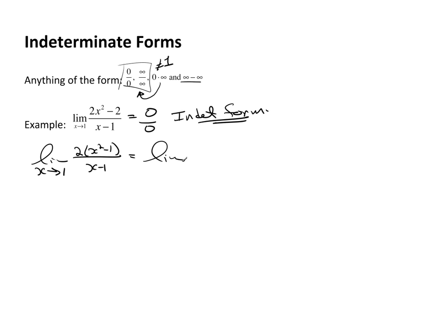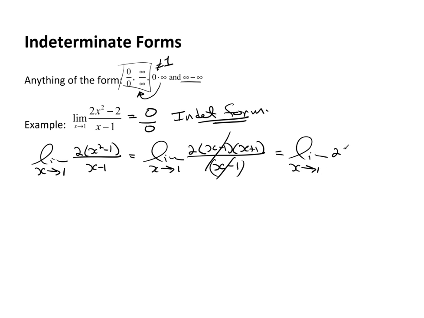That equals the limit as x goes to 1 of 2 times, factoring the x squared minus 1, x minus 1 times x plus 1, divided by x minus 1. These cancel out, and I end up with the limit as x goes to 1 of 2 times x plus 1, which equals 2 times 2, which is 4. So I would say that this is the limit.